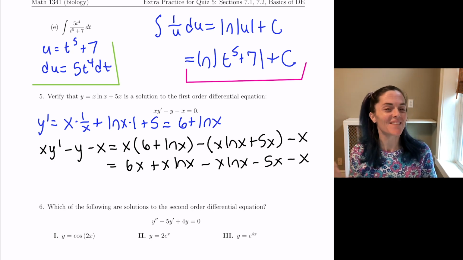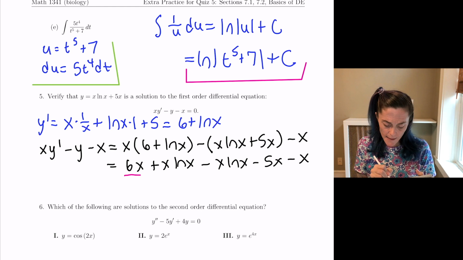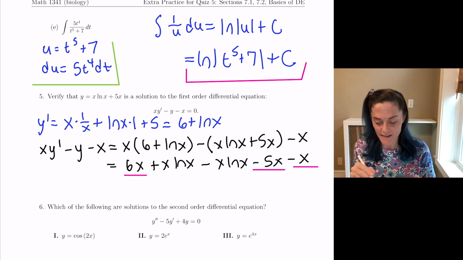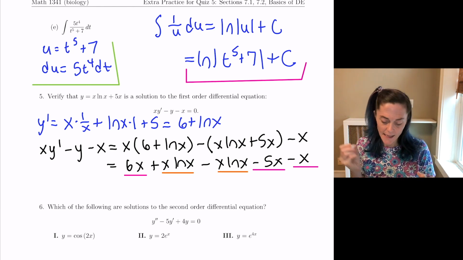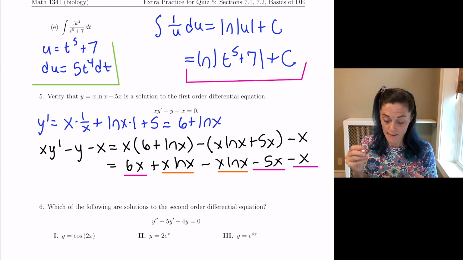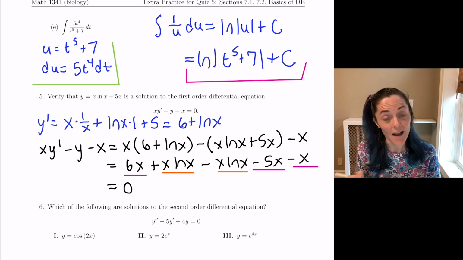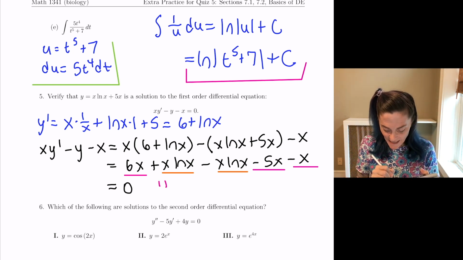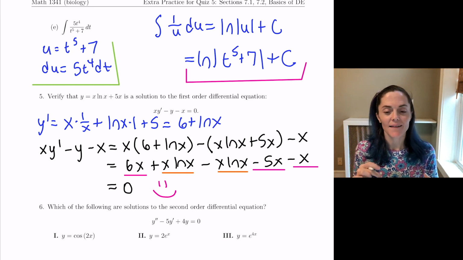We want to grade the verification. So let me just underline things that add to 0. 6x minus 5x minus x, that adds to 0. And then we have x ln x minus x ln x, that adds to 0. So we arrive at 0. You notice I didn't cross anything off there. I just underlined the terms that added to 0, kind of in the same color.